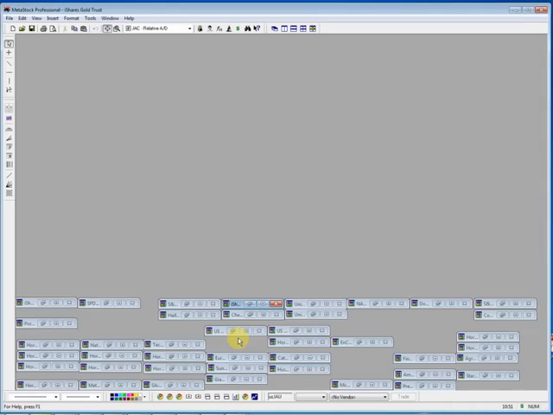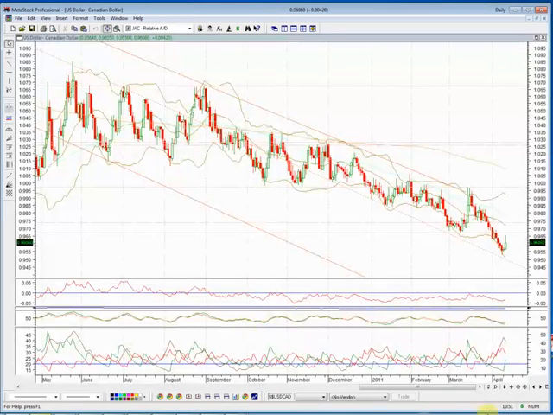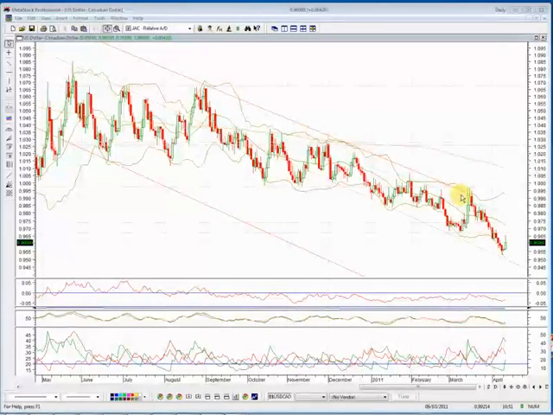Let's take a look now at the US dollar, Canadian dollar. We have been talking about the US dollar, Canadian dollar for quite some time now.